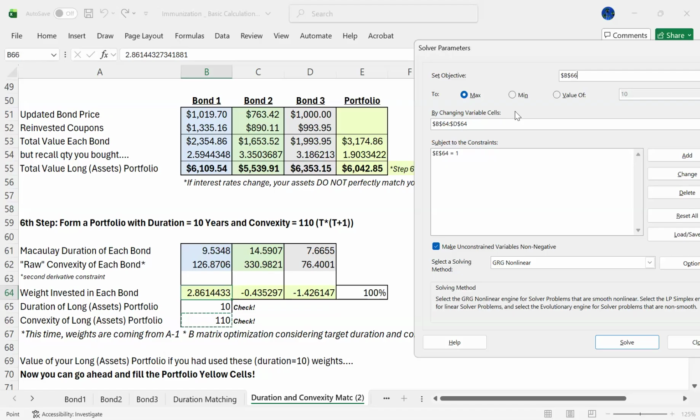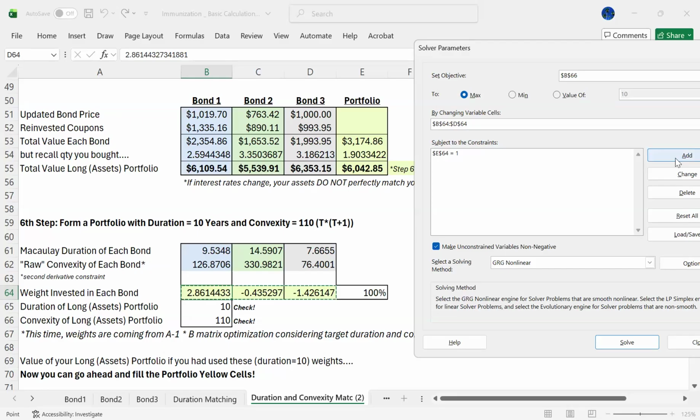Excel then gives us the value that gives us the maximum for a given objective function. So we're maximizing convexity. Now by changing the weights, B64 to D64, which is okay. Let me just select them again just in case.